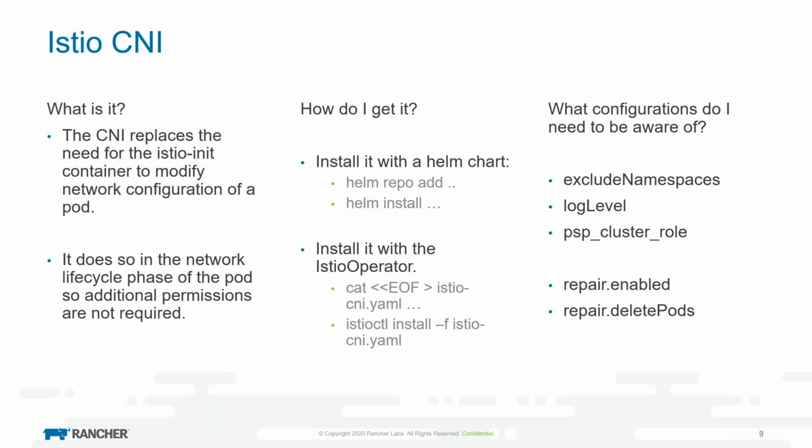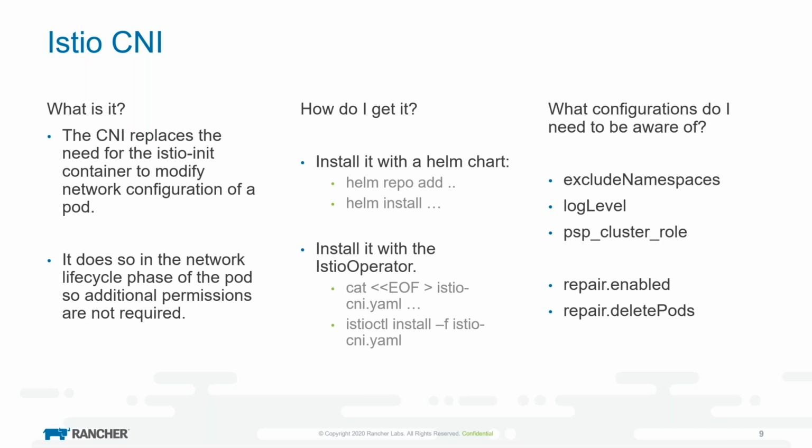Basically, what that's going to do is make sure that the namespaces that you're excluding don't go through this network lifecycle phase where they're adding their routes to the service mesh. Log level, as always, if you want full introspection, if something starts to break, you can always set log level debug, log level warn, log level debug. PSP cluster role being the cluster role that is acting on behalf of.